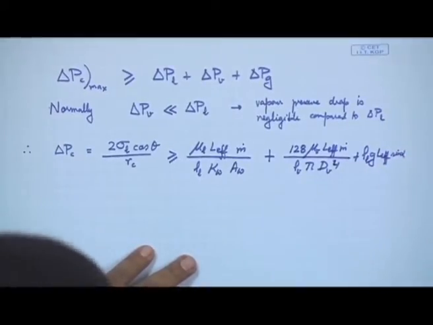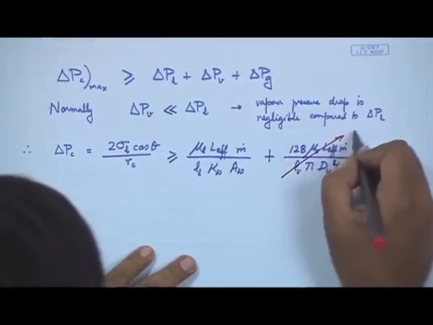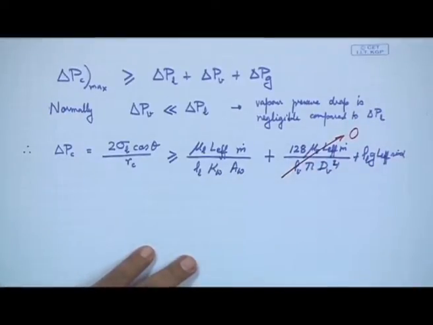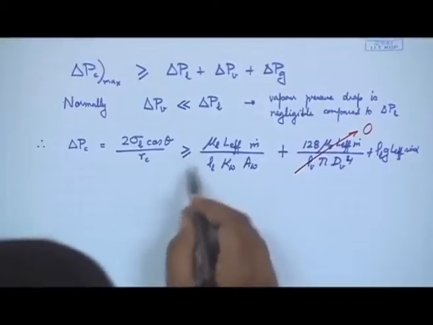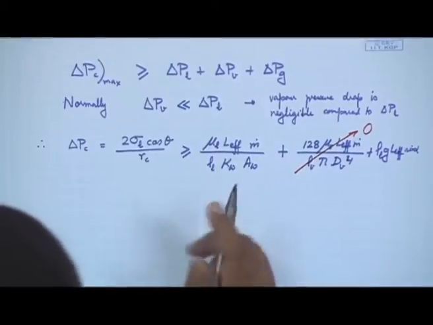Okay. And what we said is this we will set to 0. Okay. And let us also set this to equality sign, because this is what it has to be greater than or equal to.